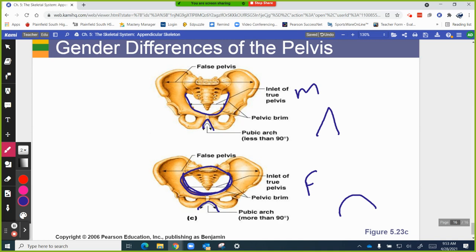Also, usually towards the end of pregnancy, there's a hormone release called relaxin that causes all of these ligaments to relax. So the ligaments on the joints between the sacroiliac, and then the pubic symphysis joint, also soften, which is not unheard of for women at the end of pregnancy to have issues with low back pain.